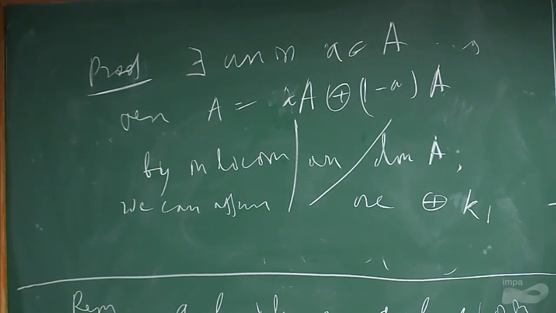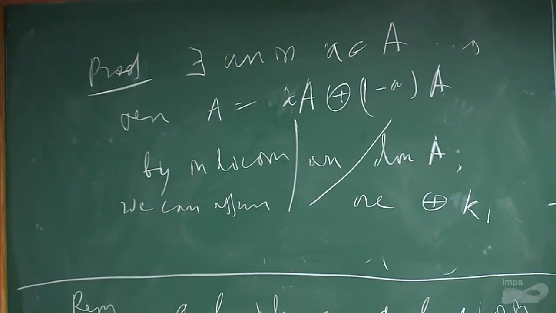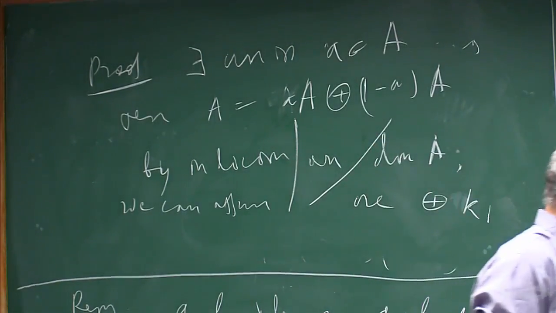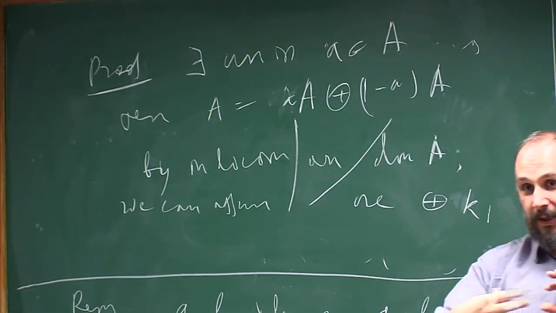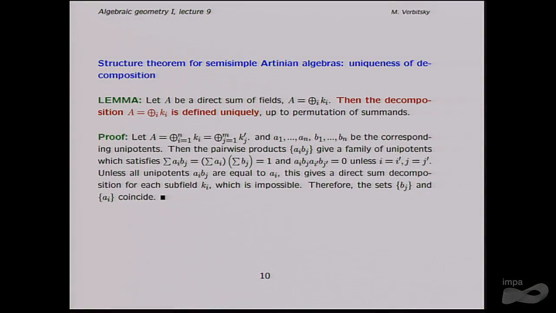And there are minimal idempotents, which are not a product of any smaller idempotents. And these are precisely the idempotents which correspond to fields. So this decomposition is just a decomposition of unit into a product of irreducible idempotents. This is the idea, but you can state the proof without any idempotents.